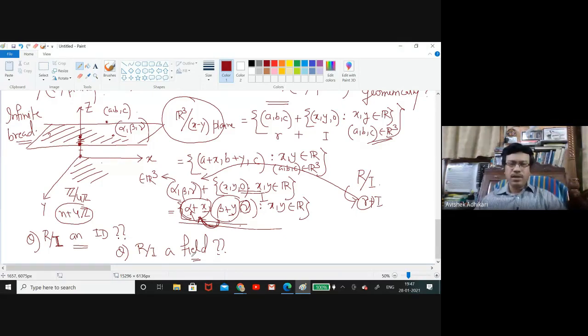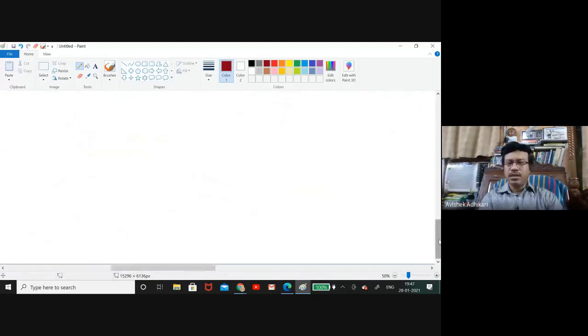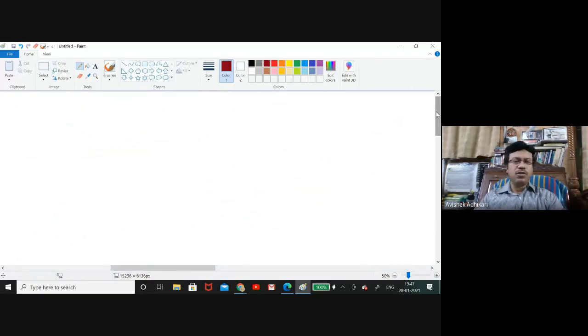You have a ring structure, so what could be the identity element of this, and what are all the things that you need to think about, and then tell me whether this is an integral domain or not. This kind of question is quite tricky, and is sometimes asked in various competitive exams.